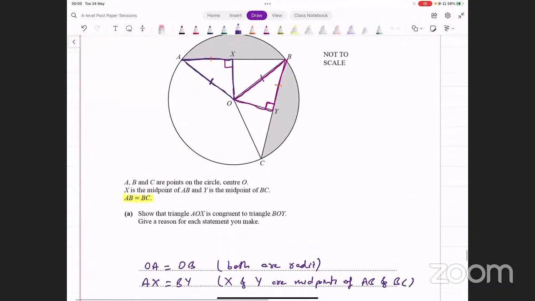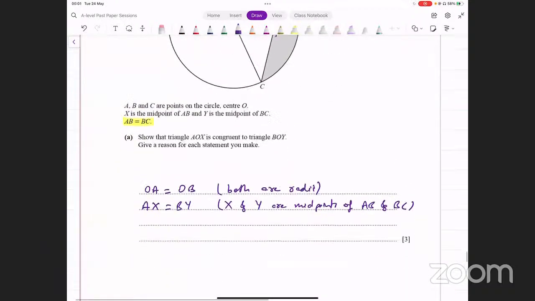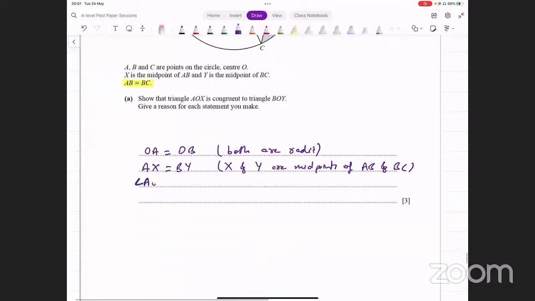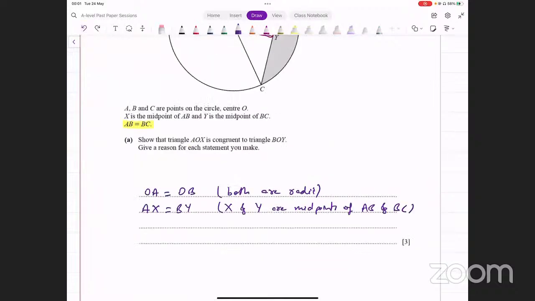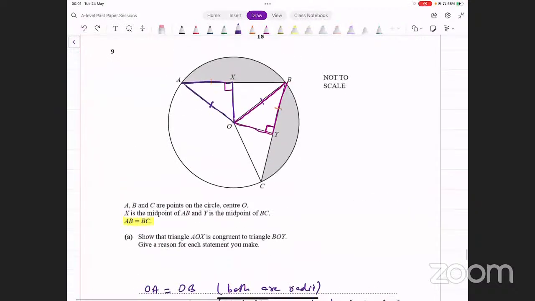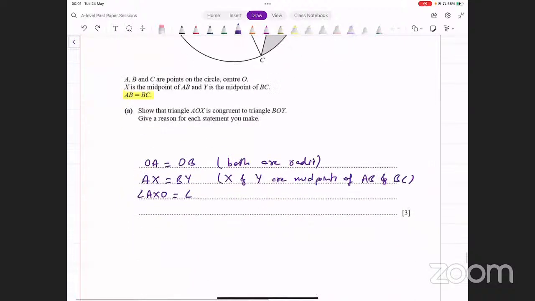तो हम यहाँ पे कह सकते हैं the angles AXO and the angle BYO, they're both equal and they're both equal to 90 degrees. दोनों 90 हैं. What's the reason for that?